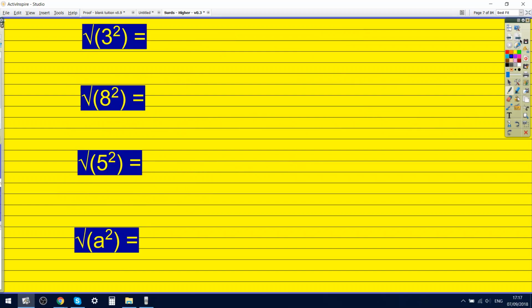So what is each of these? I'll do 3 squared, which is 9, and then the square root of 9 is 3. So it's just going to be 3.